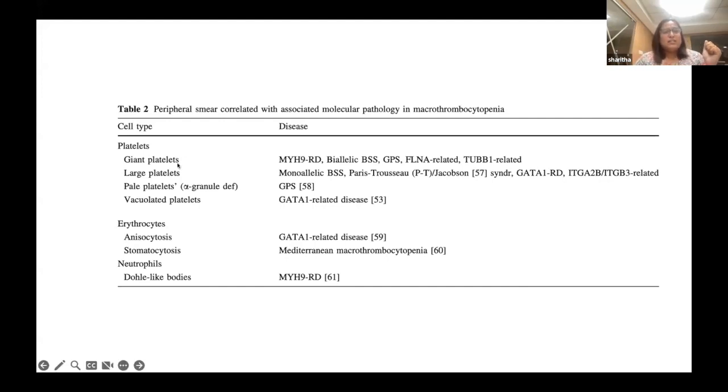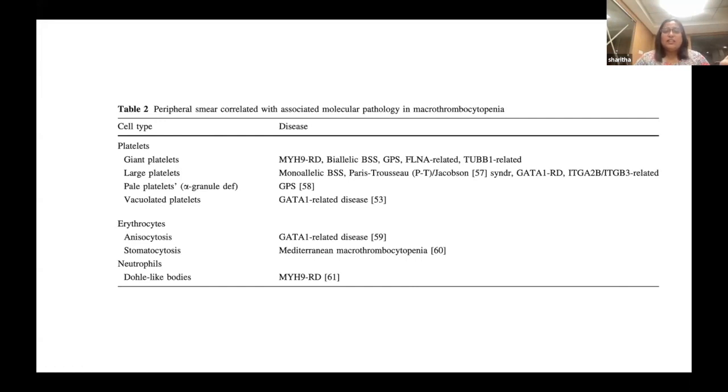For example, in this table, we can see there are pale platelets. If you're seeing pale platelets, as I already described, gray platelet syndrome would be one of the differential diagnoses, and we can continue with further tests for gray platelet syndrome. Vacuolated platelets are usually seen in GATA1-related disease, and these will also have features of anisocytosis, as the erythrocytes are affected in these cases.